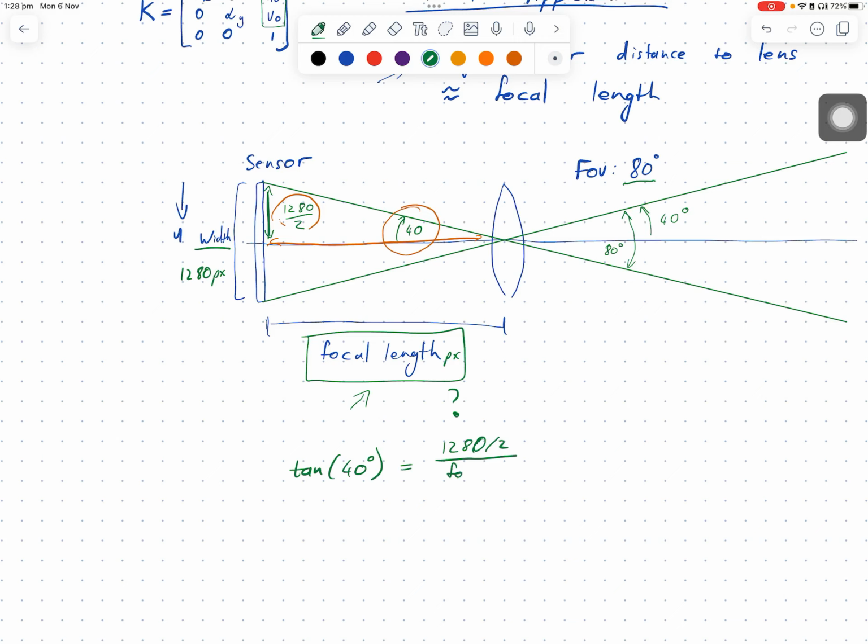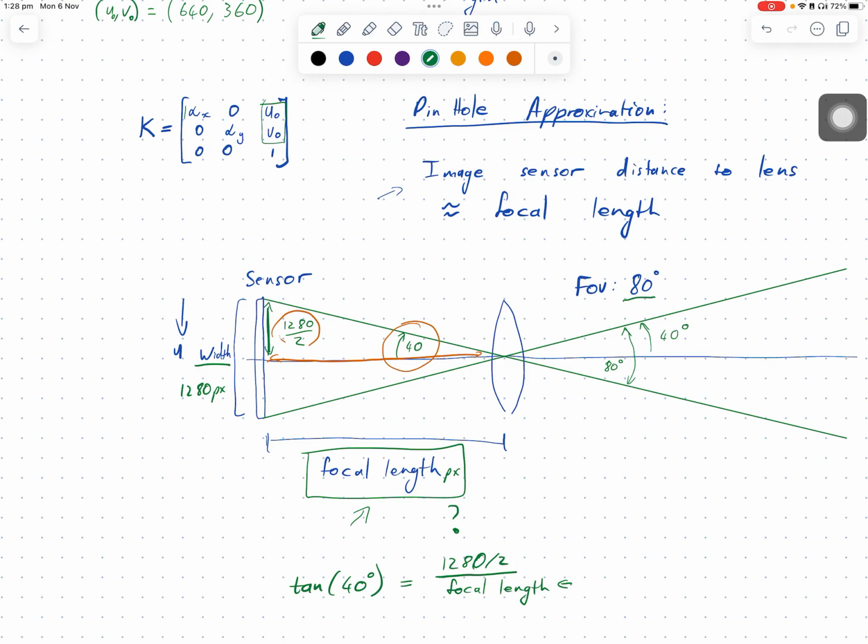I'll just write focal length here for now. But the specific focal length we're talking about is this alpha x parameter, because technically you can have lenses that have a slightly different focal length in the X or Y direction. It may not happen that frequently, but it can happen.